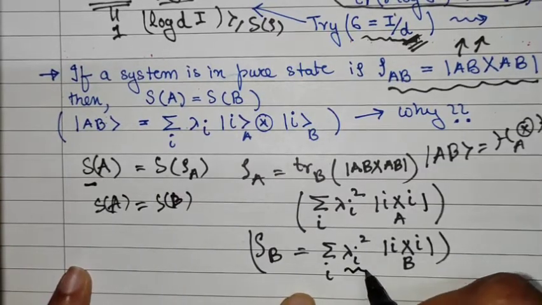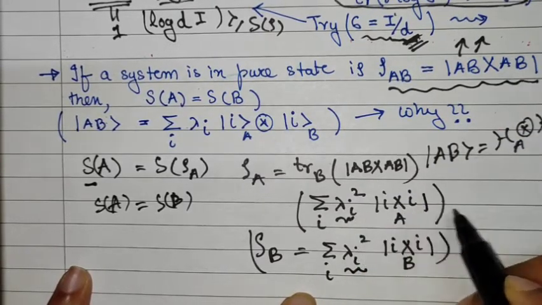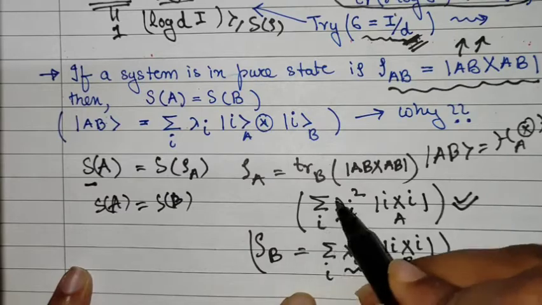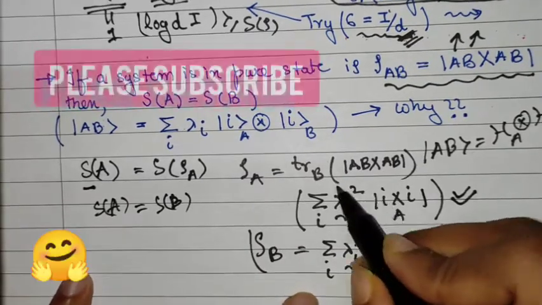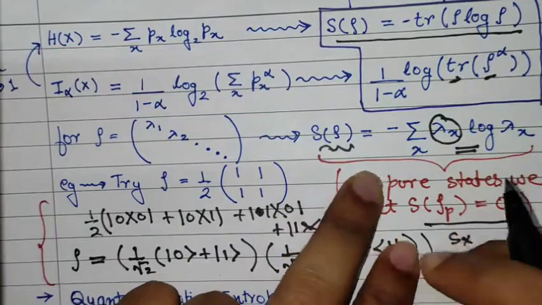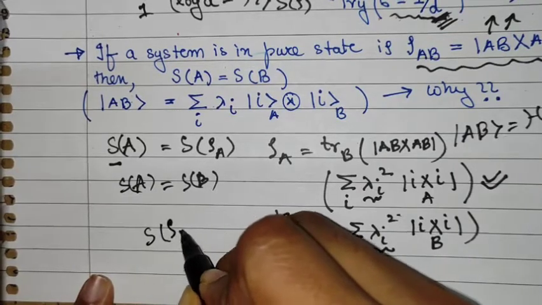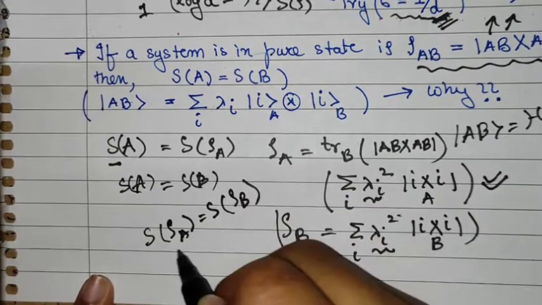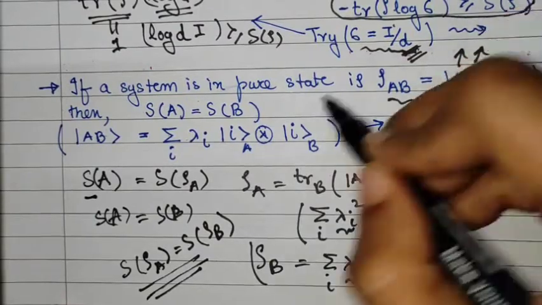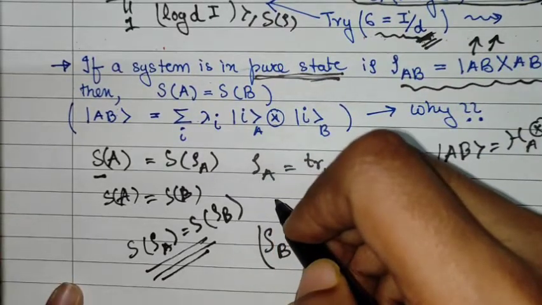Because this state is already diagonalized, and the eigenvalues are the same for both rho A and rho B. As the eigenvalues are the same, and the eigenvalues completely characterize the von Neumann entropy, we see that S of rho A is equal to S of rho B. This is only true for the case of a pure state, because we needed the Schmidt decomposition, and it is only valid for pure states.